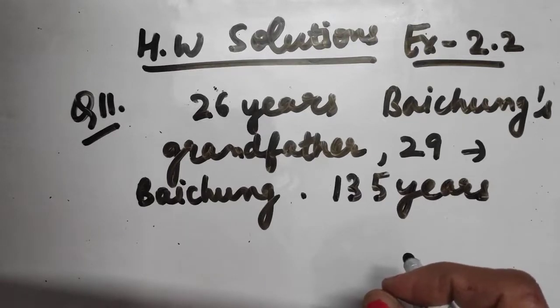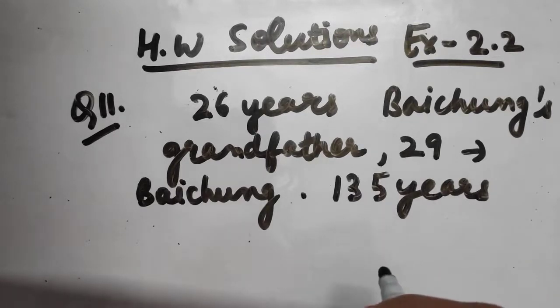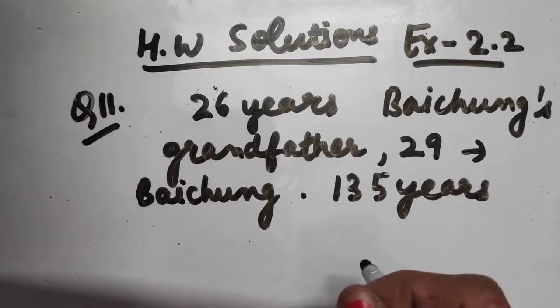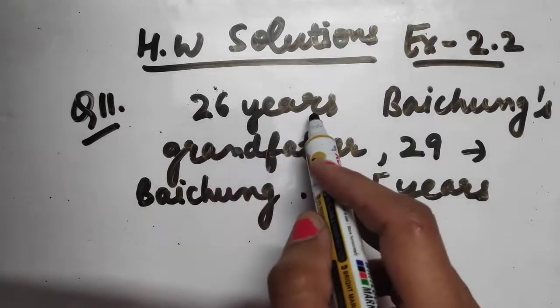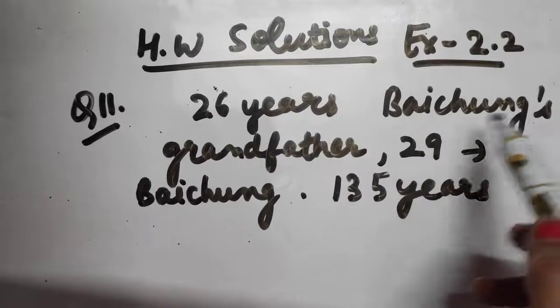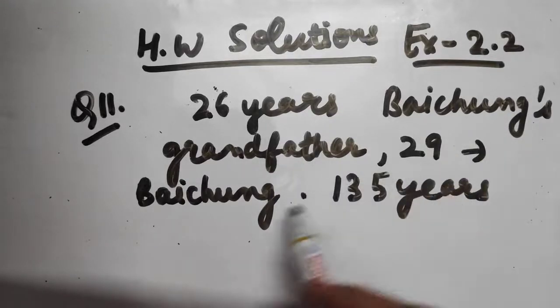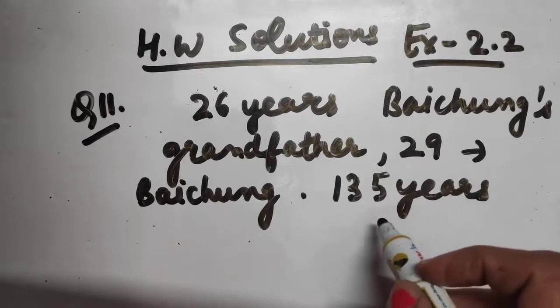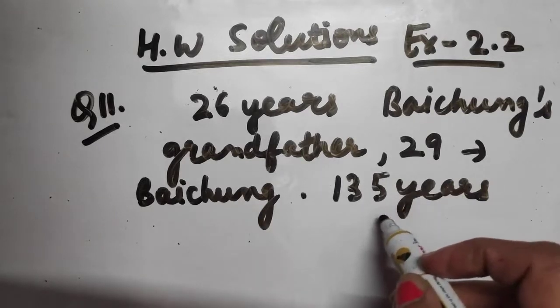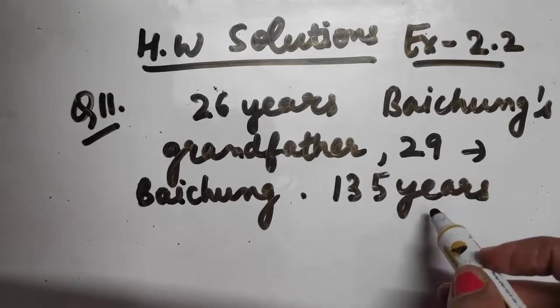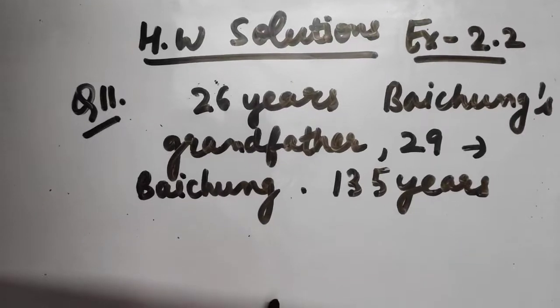What is the age of each one of them? I am repeating the question. Baichung's father is 26 years younger than Baichung's grandfather and 29 years older than Baichung. The sum of the ages of all the three is 135 years. What is the age of each one of them?